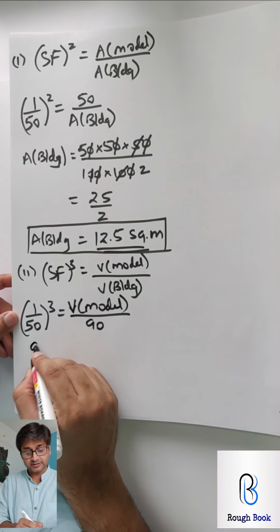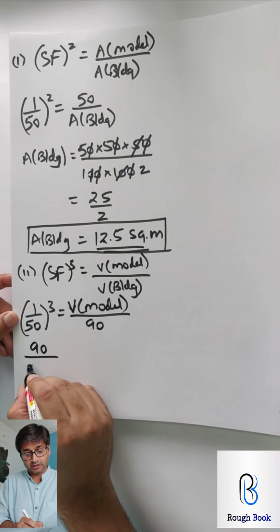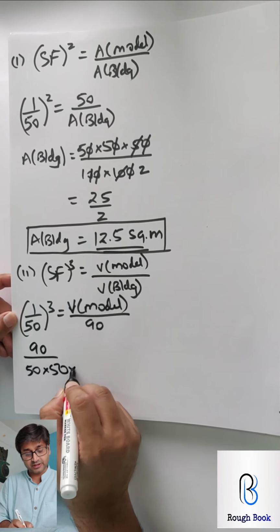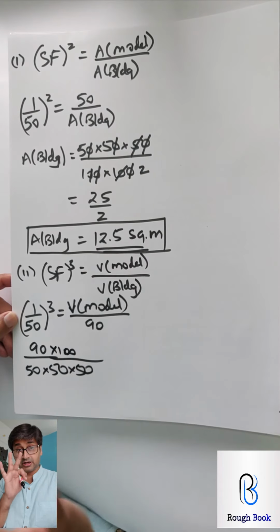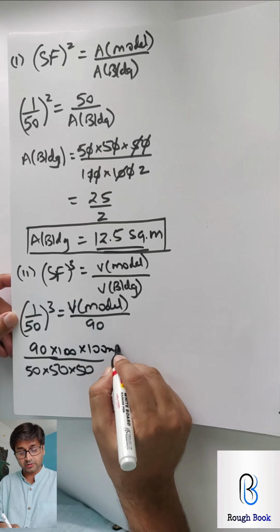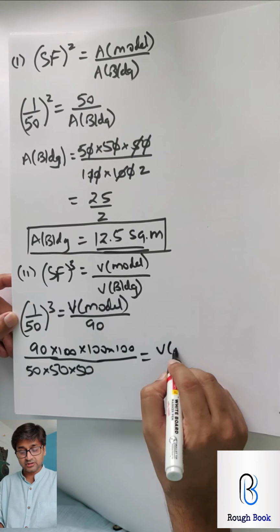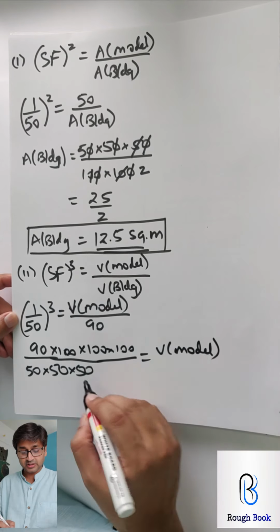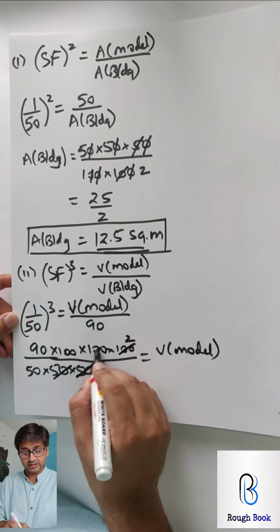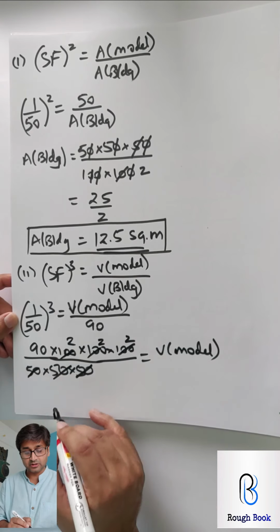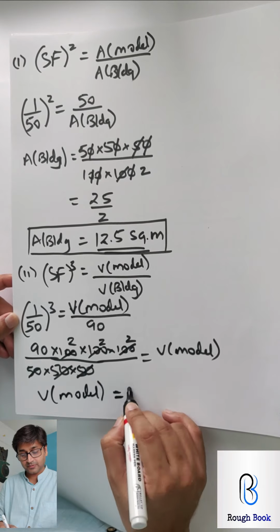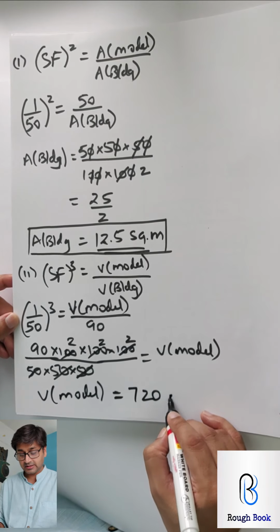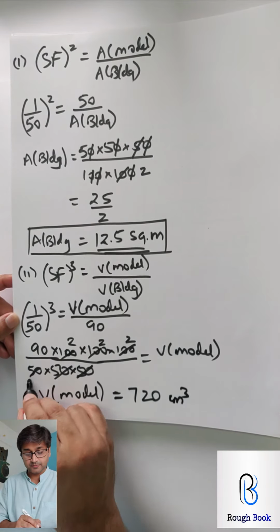So we can convert this into 90 upon 50, 50, 50. So convert the meter to centimeter 3 times, okay, volume. So 1, 2 and 3. Your answer is volume of model. So let's see what do we get. 1s are 2s are 1s are 2s are 1s are 2s are 8 into 90 is 720. So therefore volume of model is 720 centimeter cube.